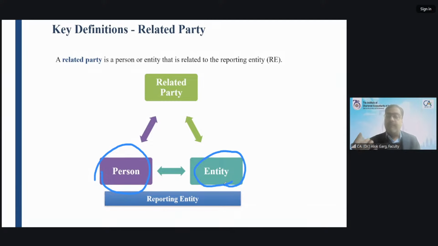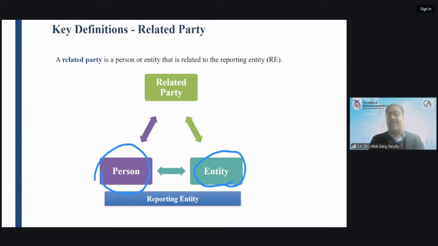So when you are preparing the financial statement of Saminathan and Company Private Limited, who is the related party? Saminathan, you are the related party. And what is the relationship? You are the promoter, the person having control, the parent.